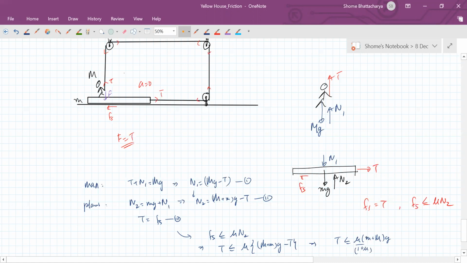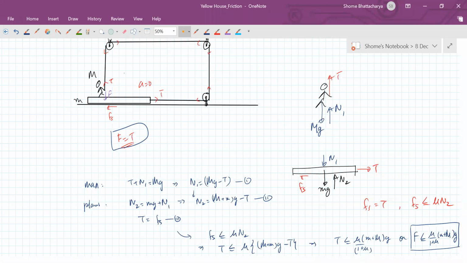So this T is the same thing as F. Capital F is equal to T. Okay, so finish this up and move on to the 3-block problem, question number 23. We will do the B part of that.